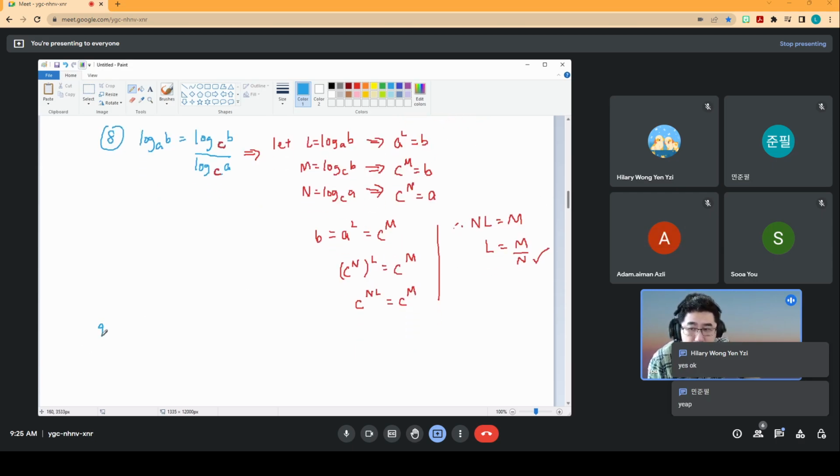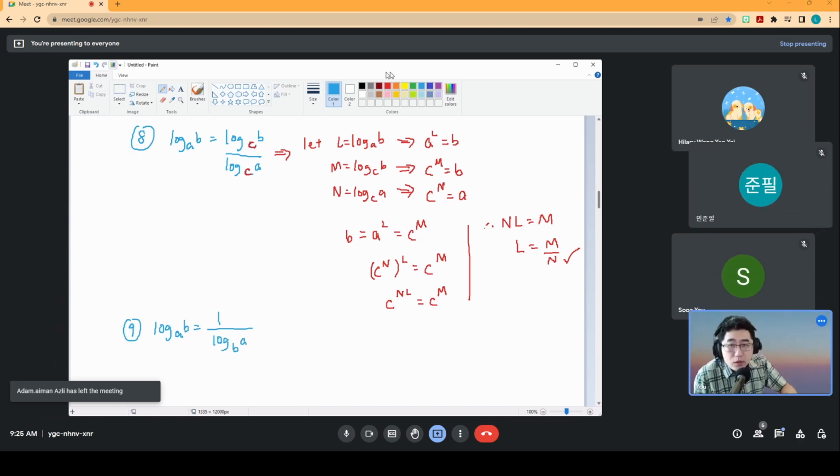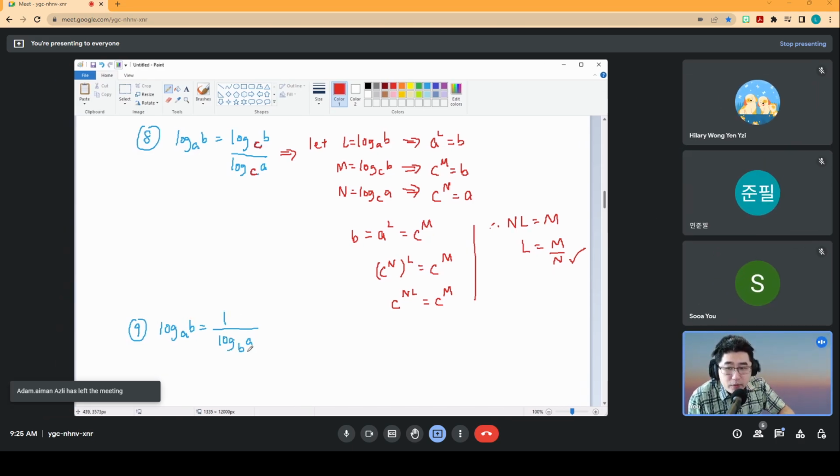Then number 9, we have log_a b equals 1 over log_b a. This tells us that the a and the b can actually switch positions. Why is it so? Let's see. For log_a b, according to rule 8, I can replace by any base.